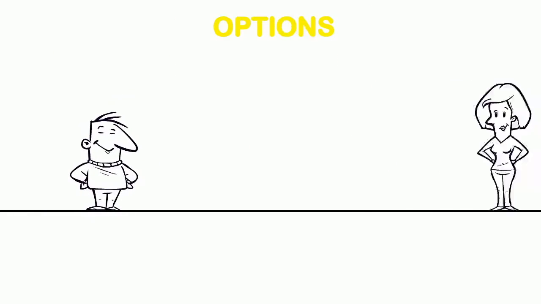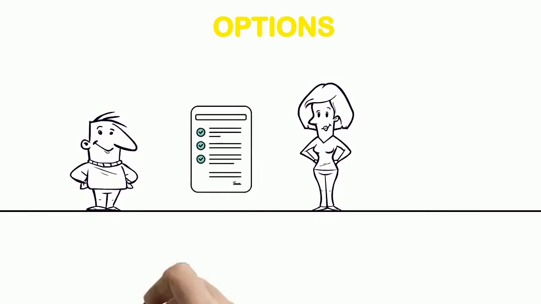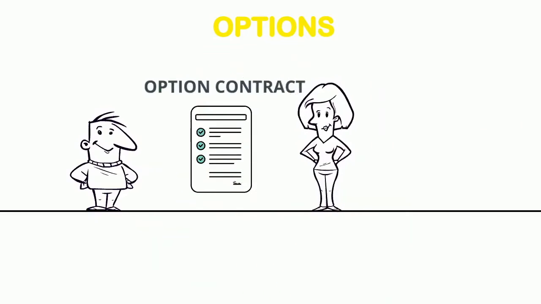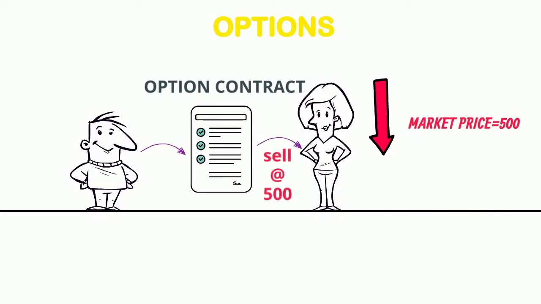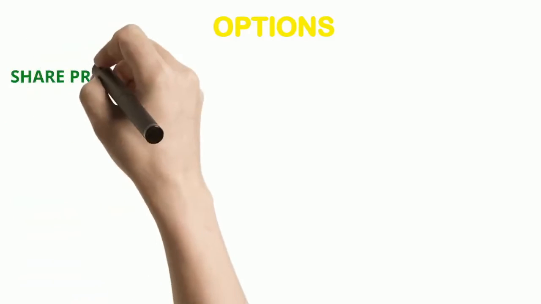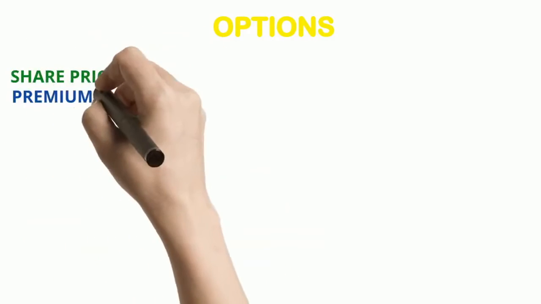So let us take another scenario where you have got an option contract from a person stating if the price goes below 500, you can use this contract to sell it at 500 rupees to that person. You get this contract by paying a small amount as premium, just like insurance. Let us assume that 20 rupees is your premium.